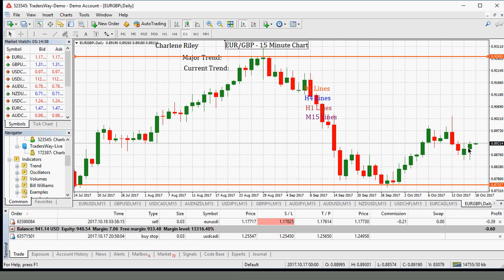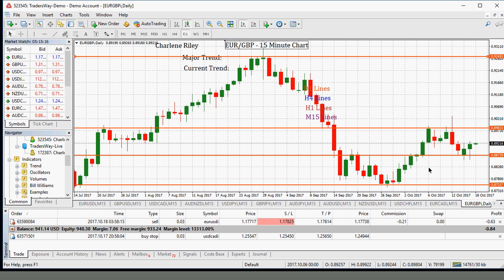And now I also want to look at where it's been over the past week or so, because these are pretty much going to be the boundaries where I'll expect the market to be ranging in the smaller time frames.